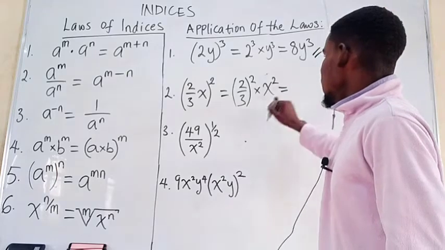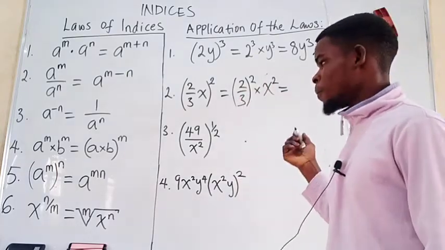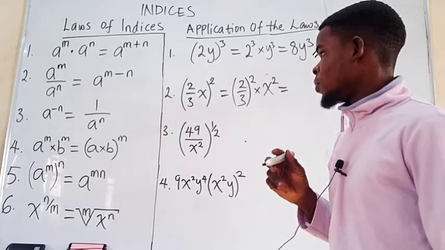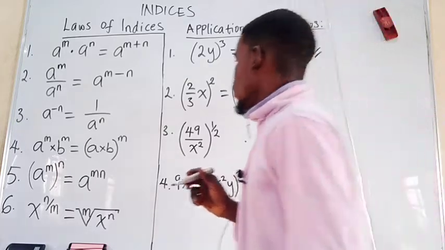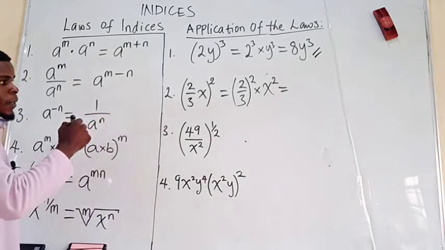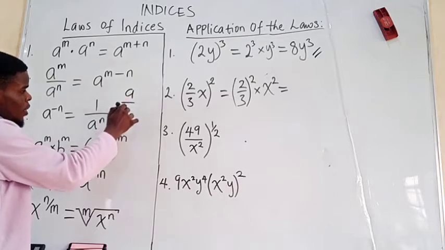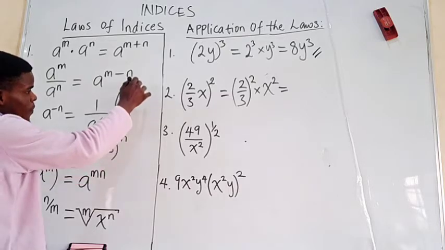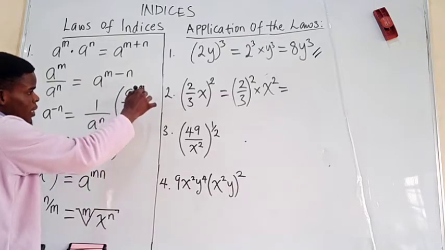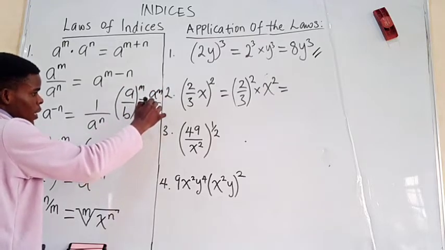So 2 to the power 2 is going to give us 4. Well, let me just apply another rule immediately. Whenever we have a over b raised to the power m, it is the same as a raised to the power m divided by b raised to the power m.